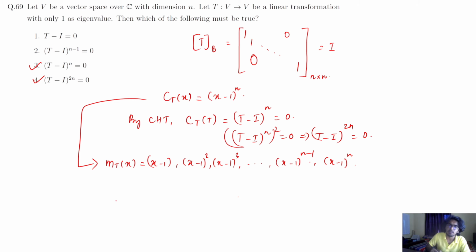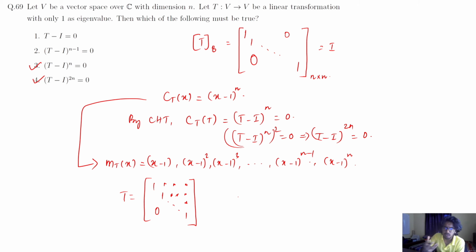For which you can take a matrix. I am giving you a matrix that has 1 in the diagonal entries, the remaining 0, and try to have non-zero entries here. With this T, you can have all the entries over here non-zero. Just try with this.